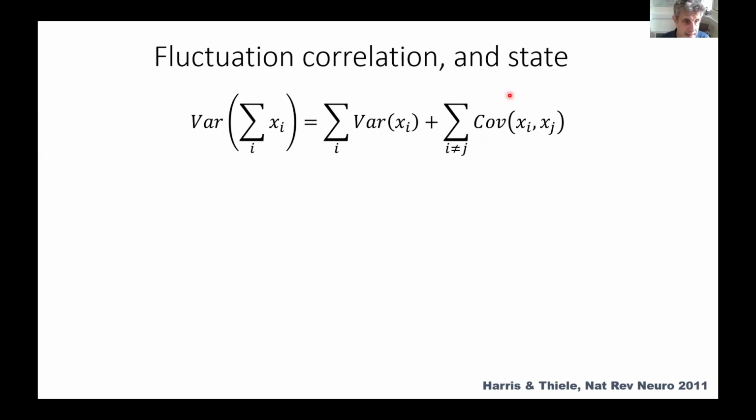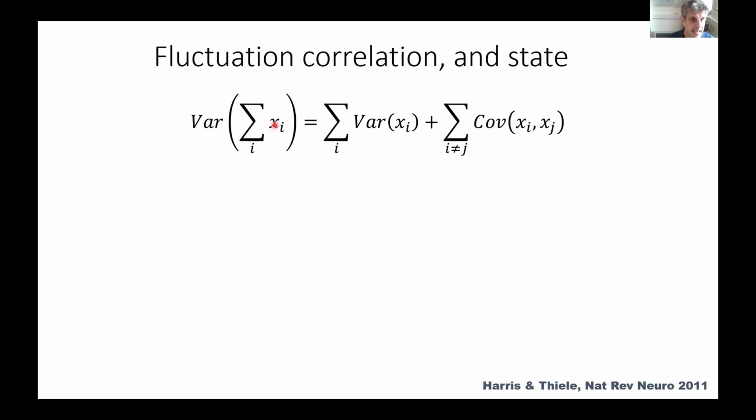This is just a mathematical fact, but it has an interpretation for neurons. If we let xi be the instantaneous firing rate of cell i, then the variance of the sum, the left-hand side, is the variance of the population rate.